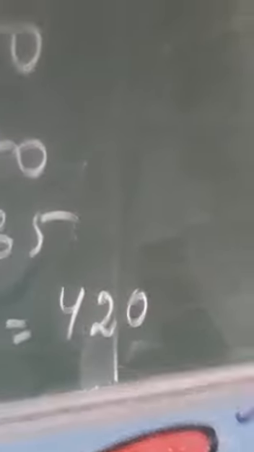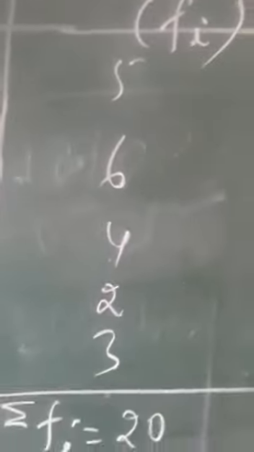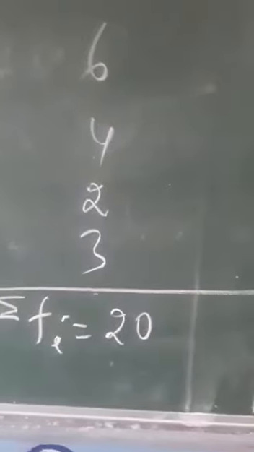Now, when we add all these, we get 420. It means that the sum of all fi xi is equal to 420. And when we add all the frequencies 5, 6, 4, 2 and 3, we get 20.